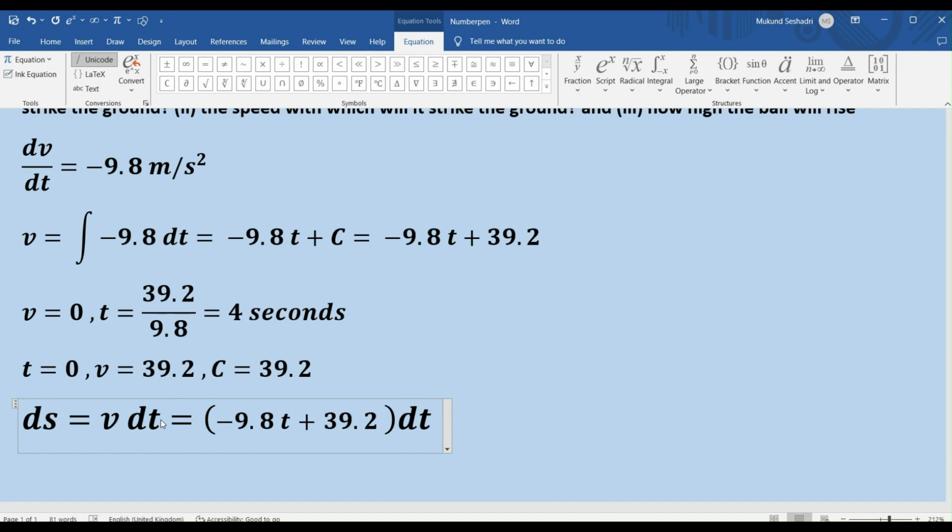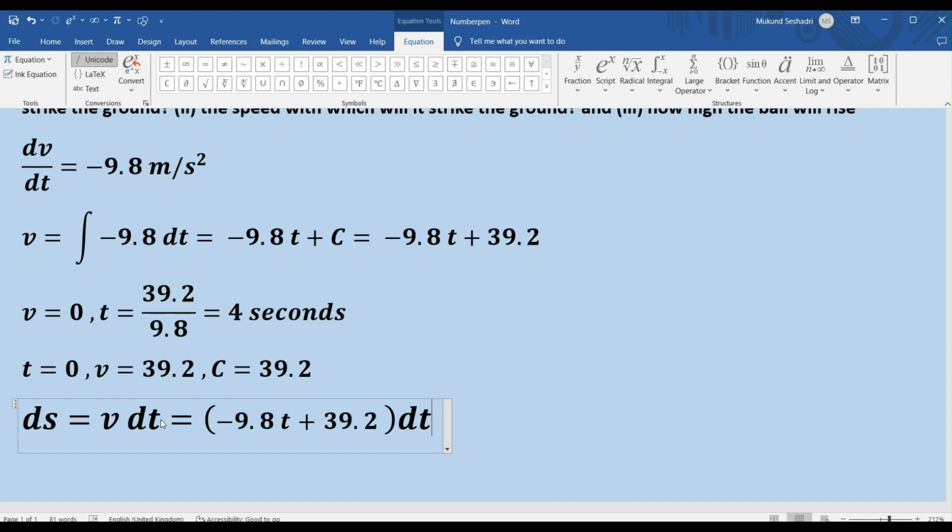Rate of change of distance with respect to time is nothing but your velocity, right? So ds by dt, where s is the distance, is nothing but your velocity, right? So what is that infinitesimally small distance the ball travels in a time dt, which is also infinitesimally small time, right? And why are we doing this?